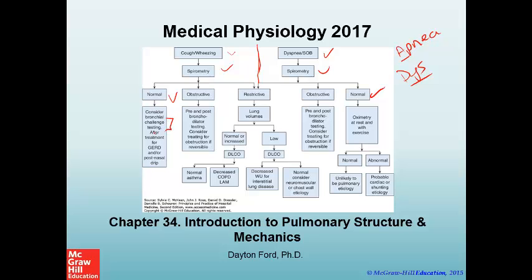Again, you're going to talk about that some other time. I'm not going to go into that. You could treat for GERD, gastroesophageal reflux, reflux of stomach contents. When I talk about the GI tract, we'll go through that. It can cause difficulty breathing when those acidic GI contents get into the lungs or the trachea.